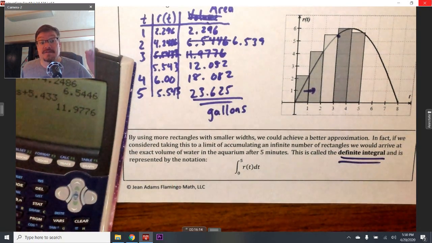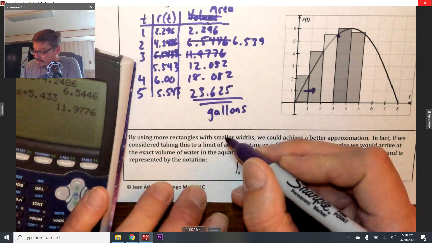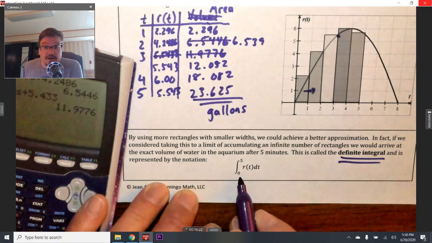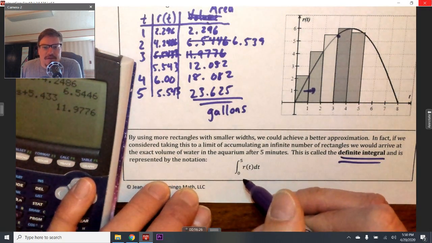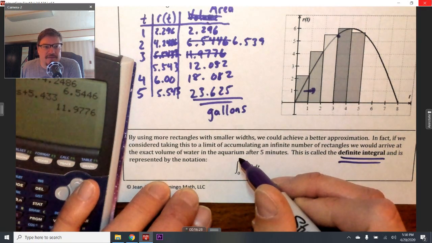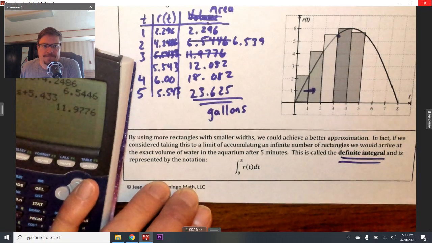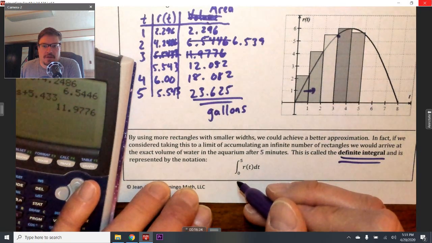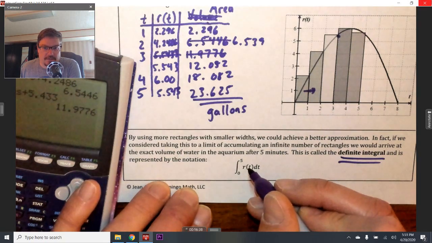Definite, because there's definitely a number. It's very specific and is represented by this notation. So here we have the very famous symbol. We're saying the integral from 0 to 5 of r of t dt.